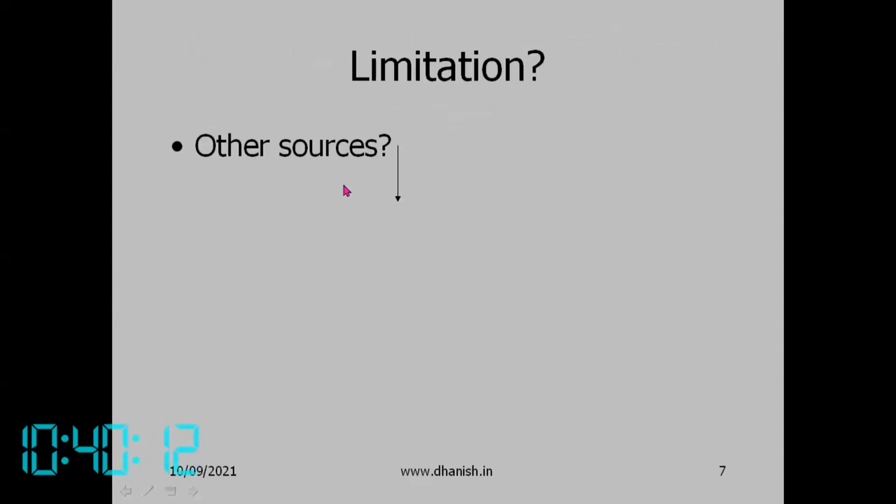Okay, so limitation. Even now, we have considered only the uncertainty of the UTM. What about the uncertainty of the environment? The uncertainty of measuring the diameter of the tensile test specimen. So many other uncertainties also have to be taken into account. That is why we have already learned that all sources of uncertainty should be considered. Then only you'll get the correct picture.